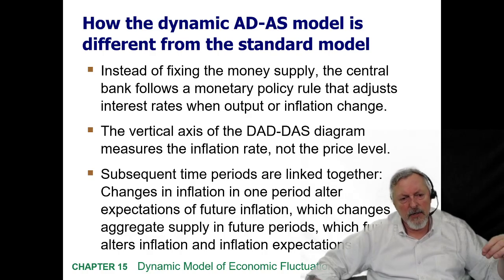Here they'll have a defined rule for their policy. Next, the vertical axis of the dynamic aggregate demand, dynamic aggregate supply curve will be the inflation rate, not the price level. And we incorporate time so that one period in time will have an effect on the next period.